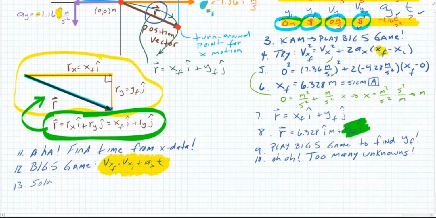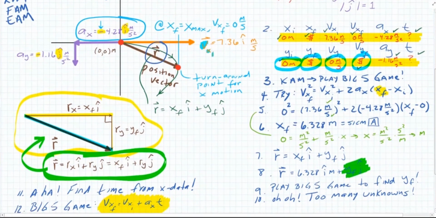Solve for t. So let's get the time. It looks like t is going to equal vxf minus vx initial over a sub x. With numbers, I'm just going to my data table.